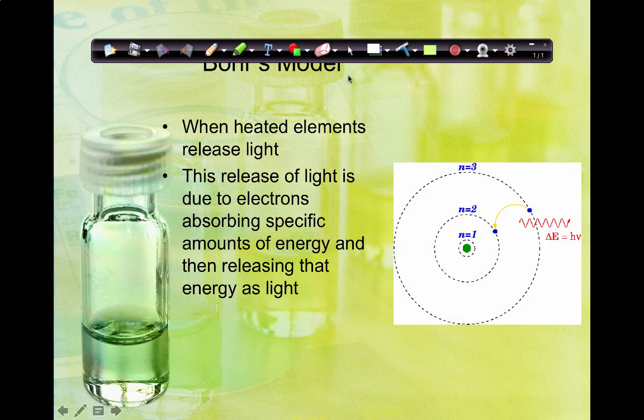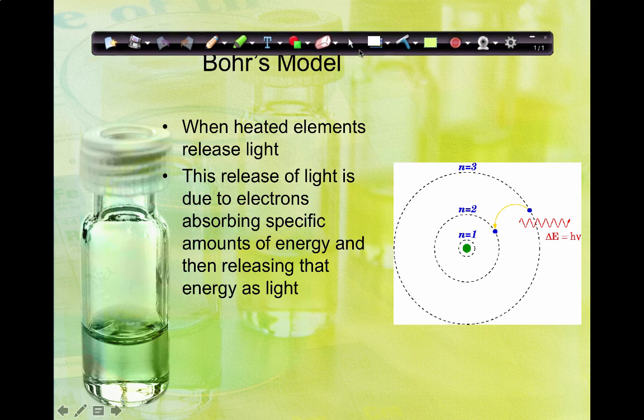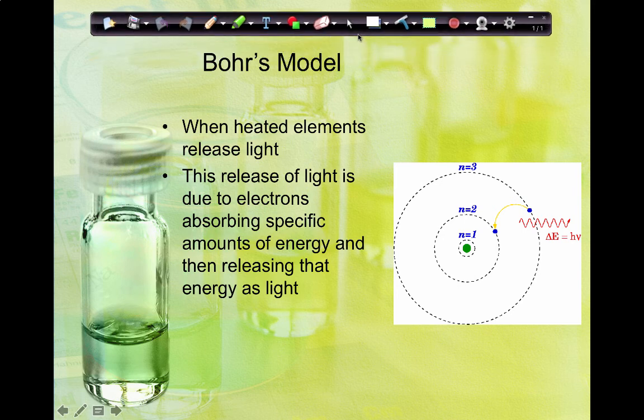So when we're looking at the atom, and we talked about Bohr's model last year, the electrons are located on different energy levels. So the closer they are to the nucleus, the lower the energy level.